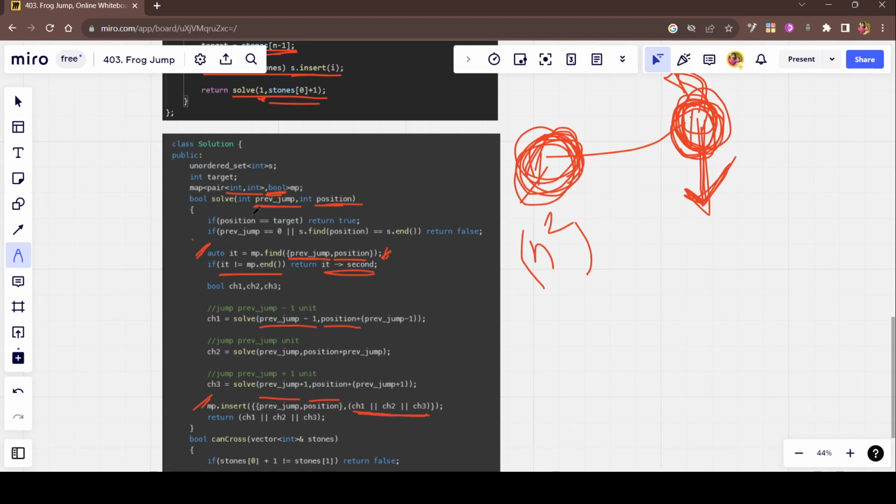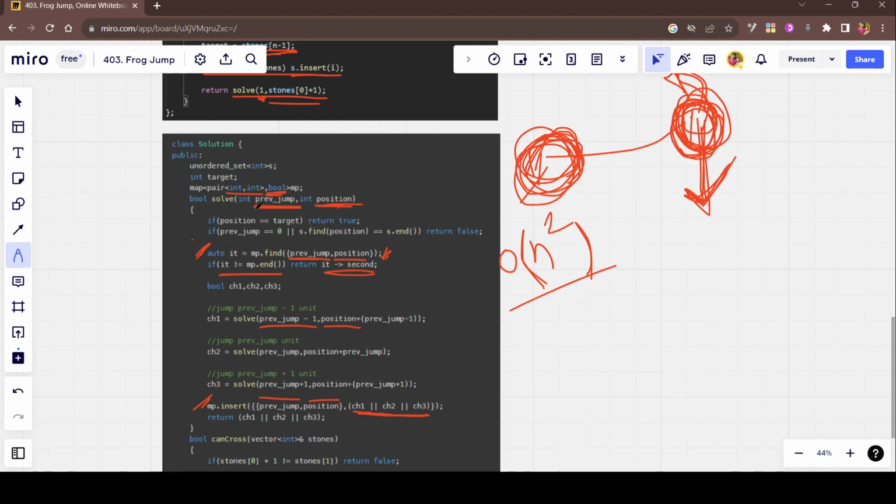That's why you have to visit only previous jump into position states. So our MP, or you can say DP, will visit only previous jump into position number of states, which is roughly n square. So our time complexity will be order of n square, and our space complexity the same.